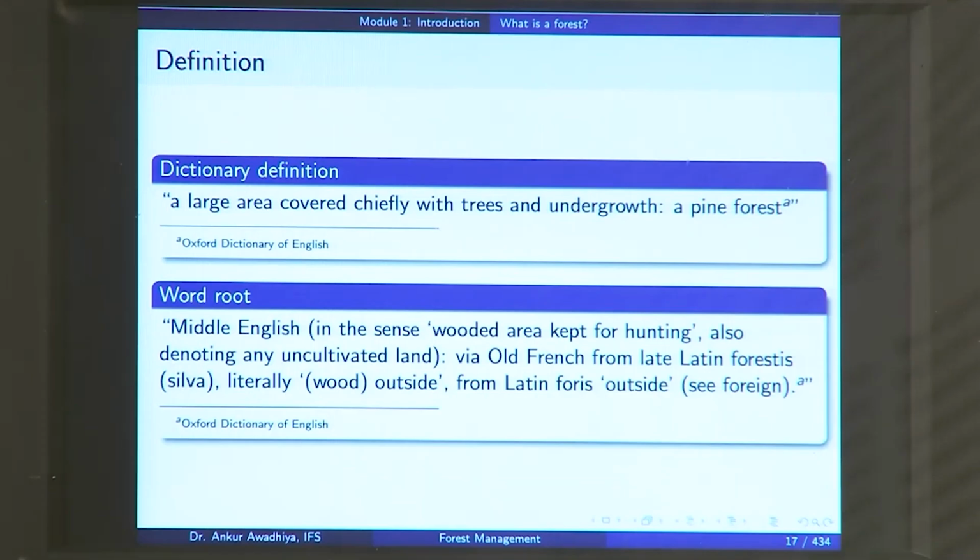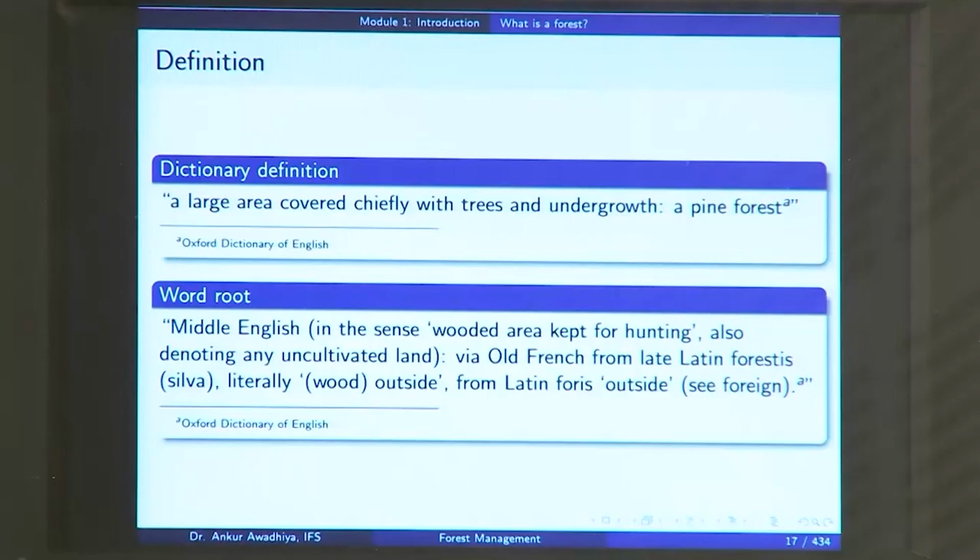For instance, the word foreign also comes from the same word root foris. Foreign is something that is outside of our area, outside the country. In the case of forest, we are talking about a wood that is outside of the city limits, and this was typically true because in those days we did not have city forests or farm forestry.